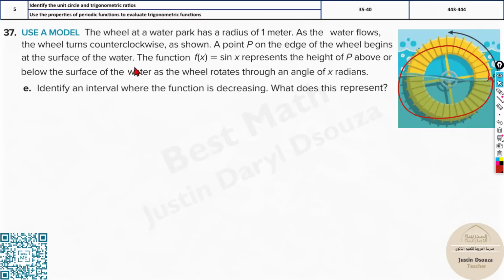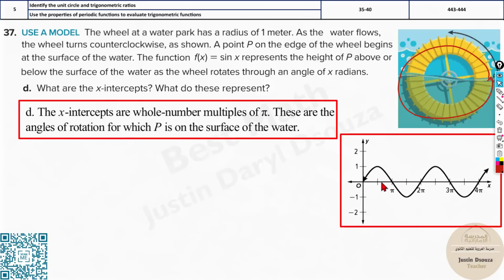And over here we have to identify an interval where the function is decreasing. What does it represent? Now let's go back to the graph. See here, at pi by 2, that's 90 degrees, it has a maximum point 1, but then it's decreasing, right? It's going down. What does it represent over here? Here it goes up, then it's going downwards towards the road.